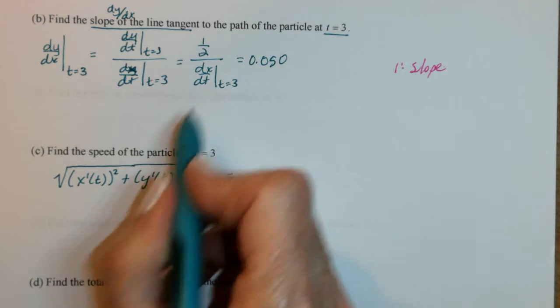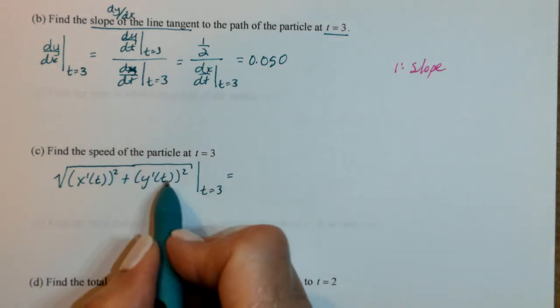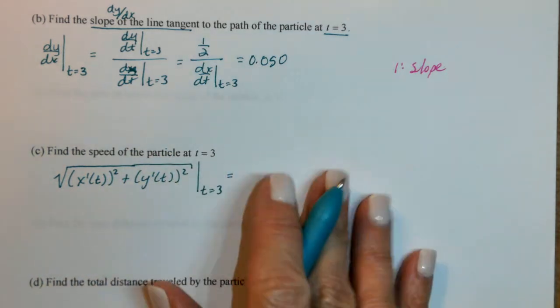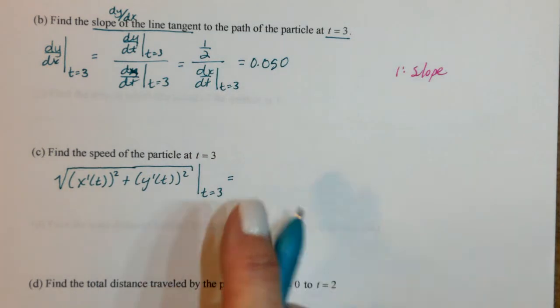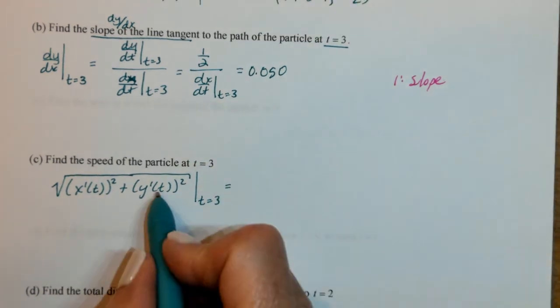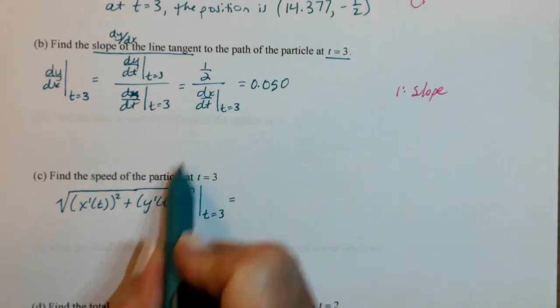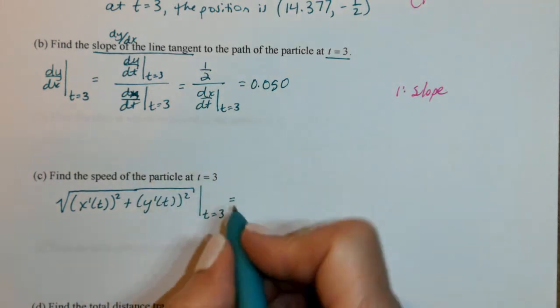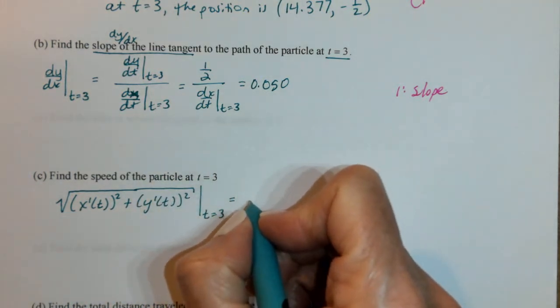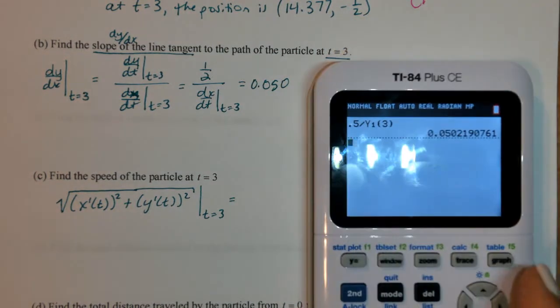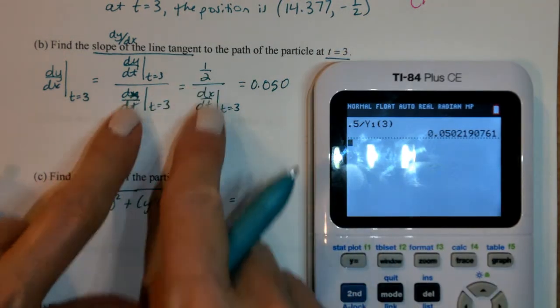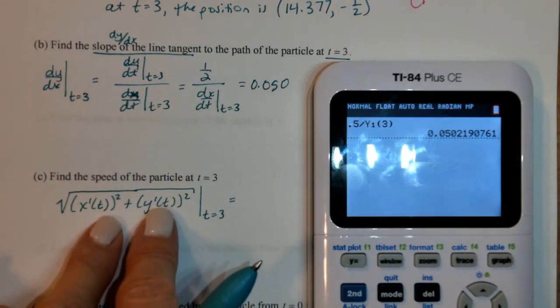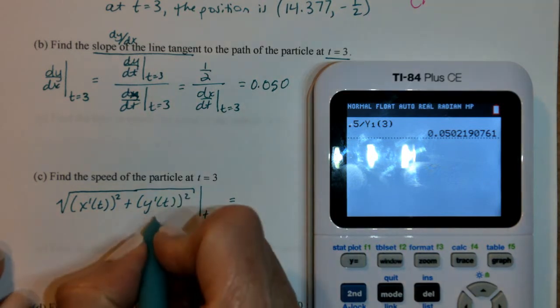That's what we did right here, right? Y prime at time 3 is the 1/2, right? We found that out here as well. It's the 1/2. And since we already found it out up here, I don't have to say what that is.